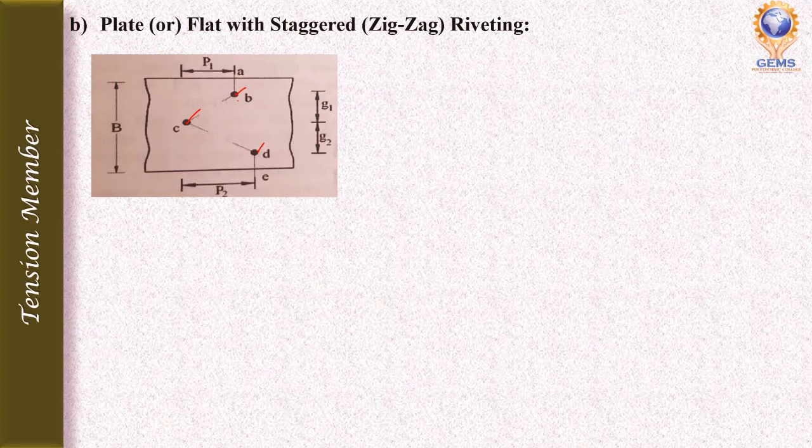So, how can we find the net sectional area? Already we know the gross area and the rivet areas, that is AG minus area of rivet holes. This is the formula.